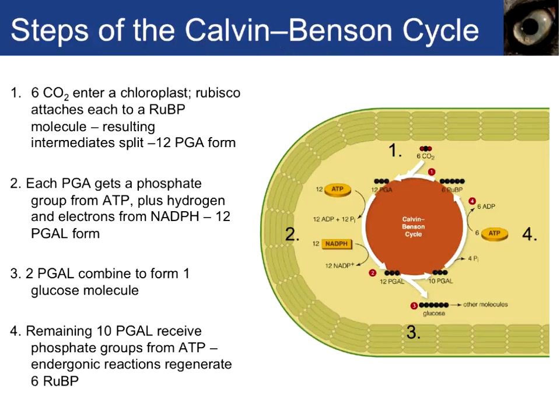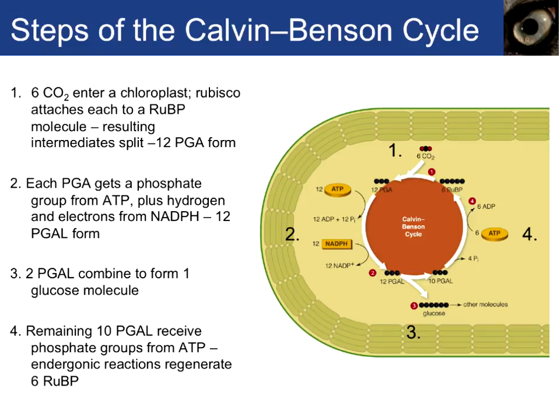There are four main steps in the light-independent reactions of photosynthesis. First, 6 carbon dioxide enter the chloroplast, and Rubisco attaches each to an RuBP molecule. The resulting intermediate splits and 12 PGA are formed.